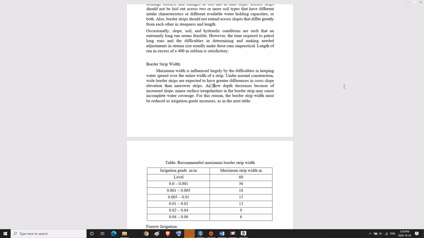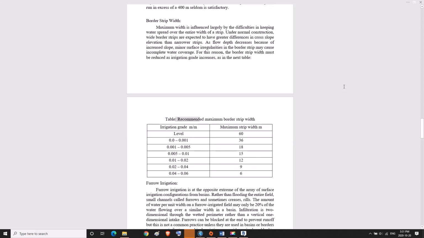As flow depth decreases because of increased slope, minor surface irregularities in the border strip may cause incomplete water coverage. For this reason, the border strip width must be reduced as irrigation grade increases, as in the next table. Table: recommended maximum border strip width.